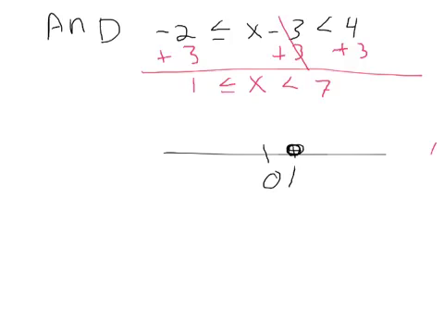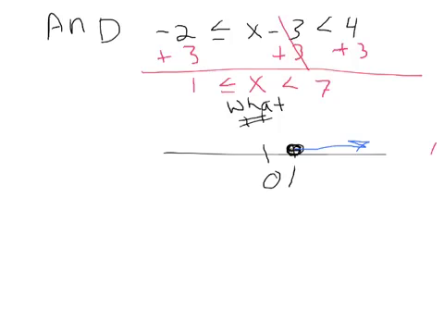Then I use the words "what number" to figure out which way my graph is going. 1 is less than or equal to what number? Well, 1 is less than all of these numbers, so I put my arrow going this way.